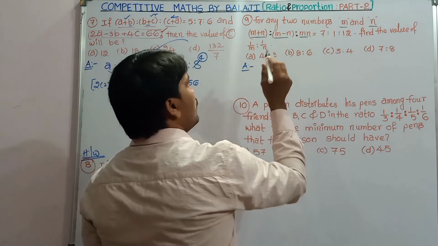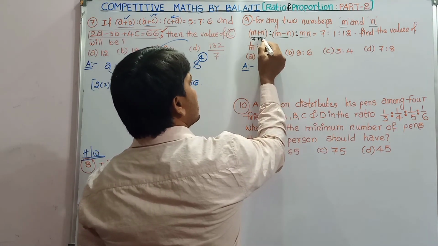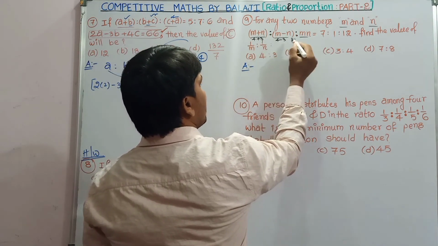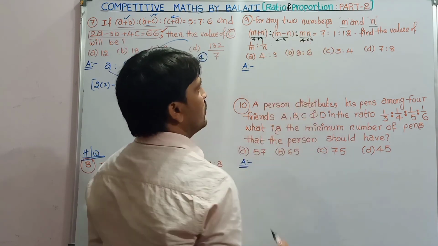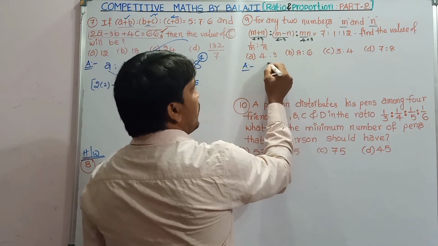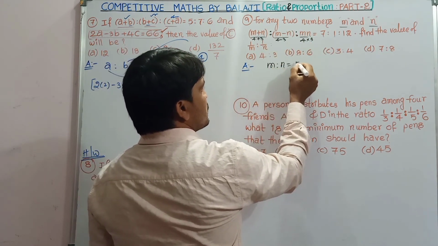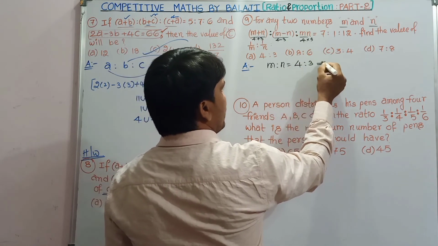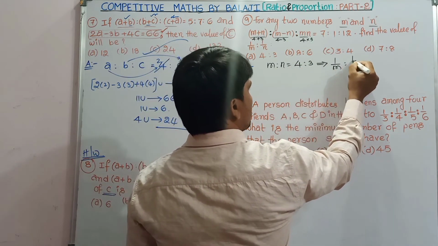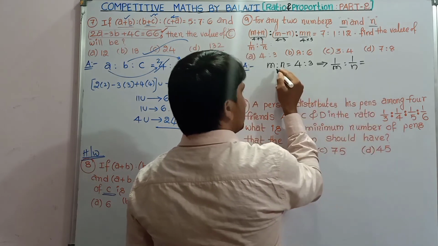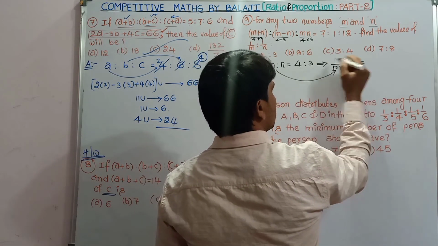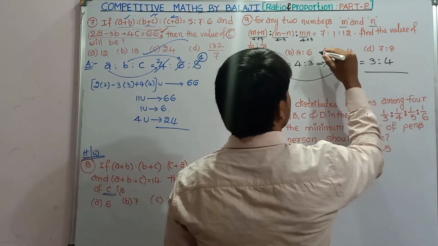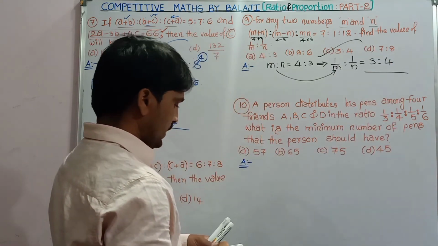By hit and trial, 4 + 3 is 7, 4 - 3 is 1, 4 3s are 12. So m : n is 4 : 3. But we have to find 1/m : 1/n, that is the inverse ratio of m : n. That is 3 : 4, which is the answer. Next question.